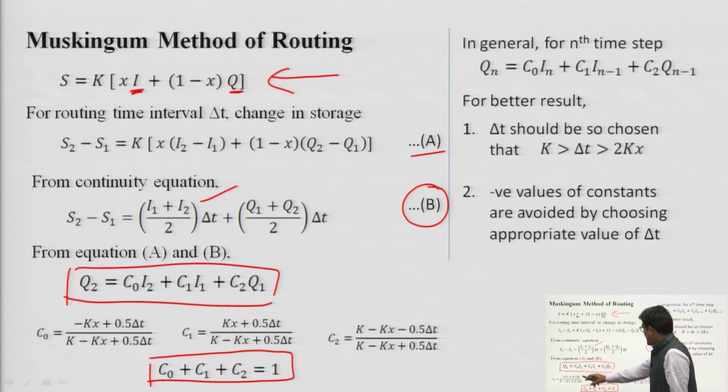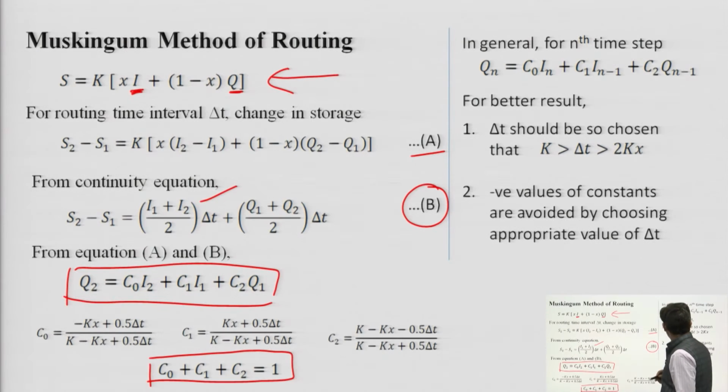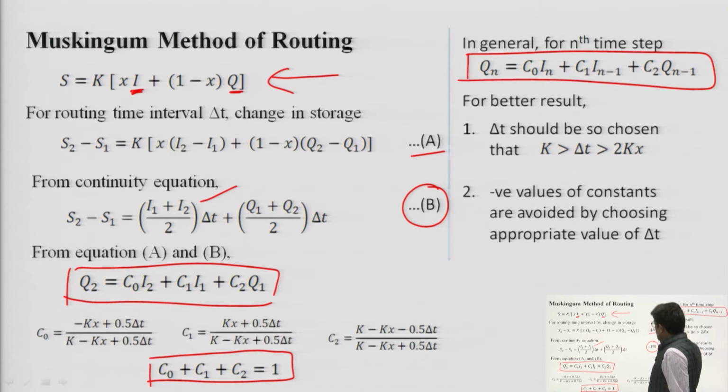K and X are the constants I told you in the previous slide. And this is the value of Q2, and in general Qn will be C naught times In plus C1 times I(n minus 1) plus C2 times Q(n minus 1).